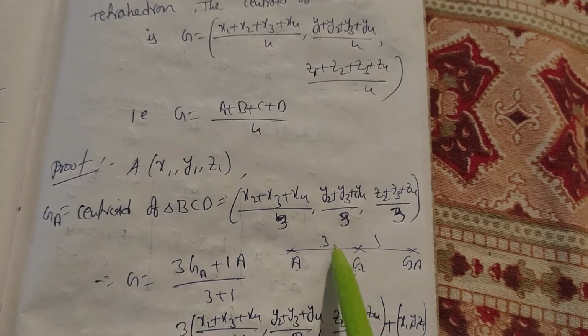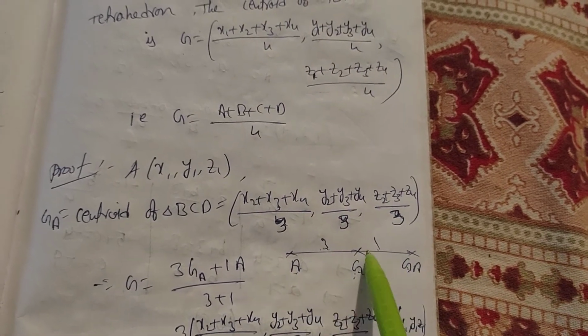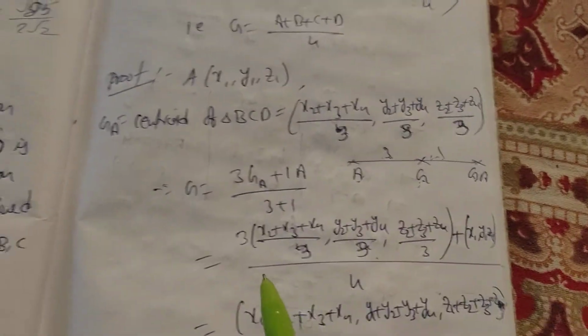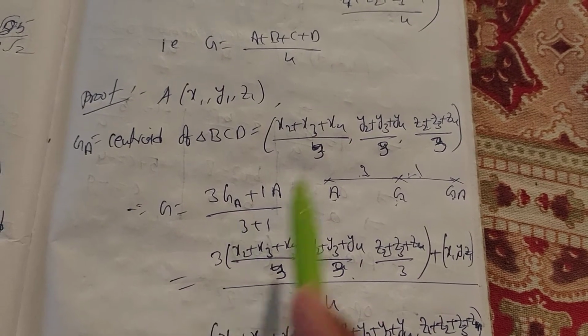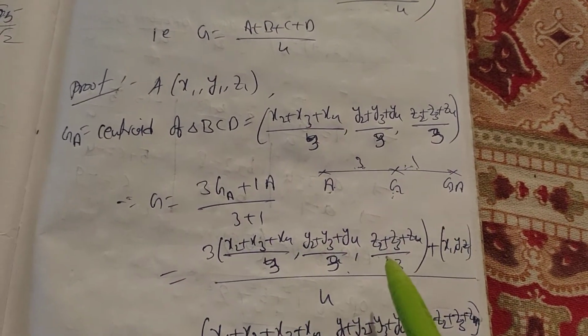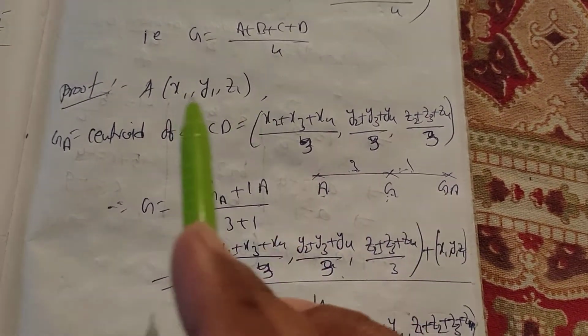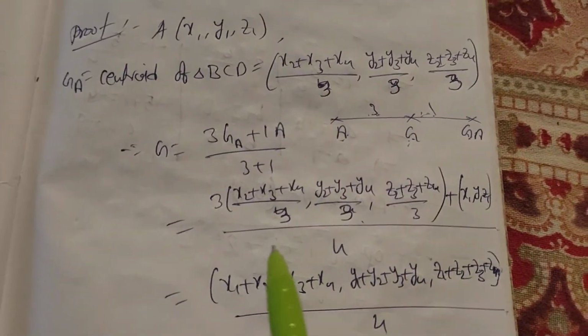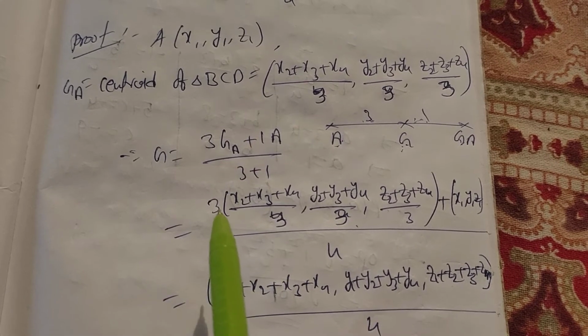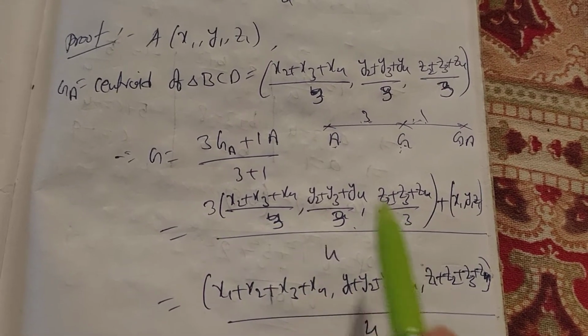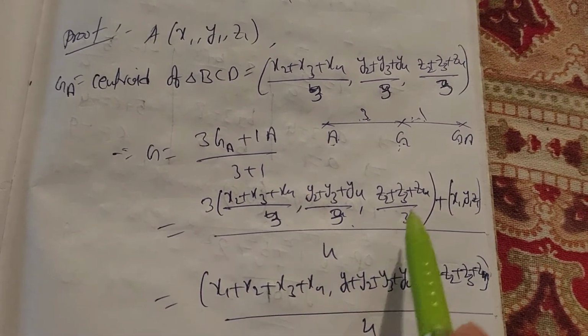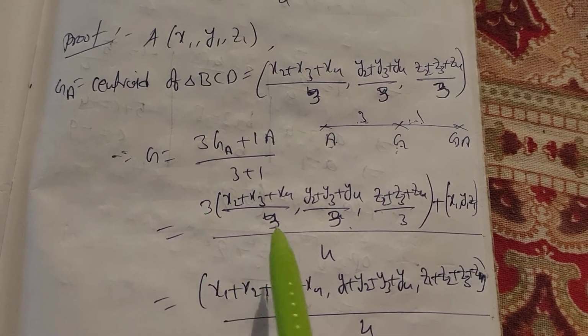So G = (3 GA + 1 A)/(3+1). That is 3 times GA plus 1 into A, which is A only. A means x1, y1, z1. So this 3 multiplies every coordinate in this point, and this 3 cancels.